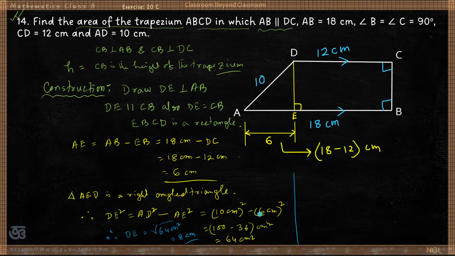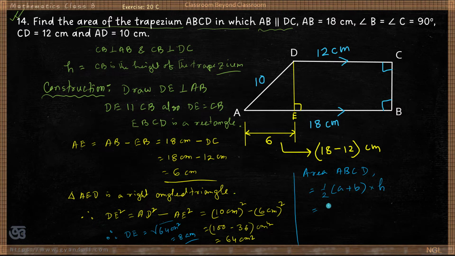Now DE is equal to CB, and also this is the perpendicular distance between the parallel lines. So you can find the area of ABCD is equal to half of a plus b, the sum of the parallel sides, multiplied by the altitude, which is 8, equal to DE or CB.